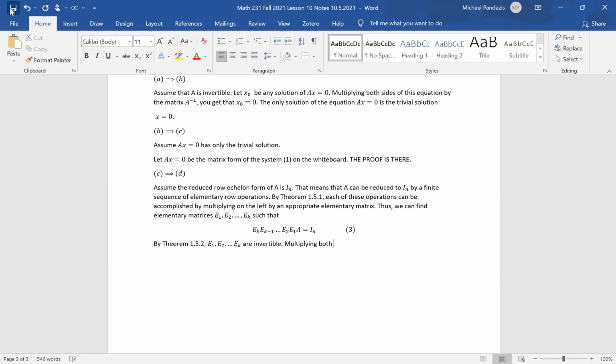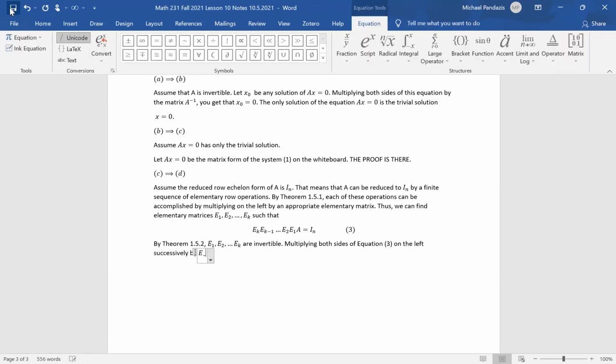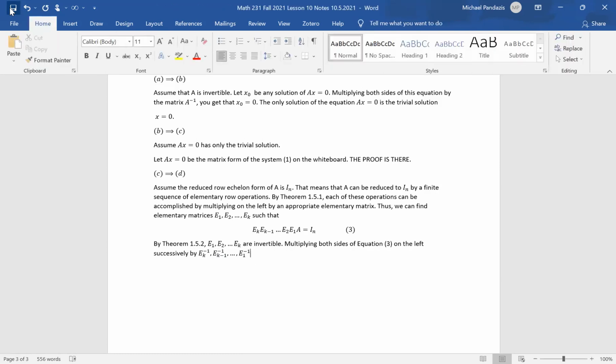Multiplying both sides of equation 3 on the left successively by Ek inverse, E sub k minus 1 inverse, ... in this order, and then lastly E sub 1 inverse.